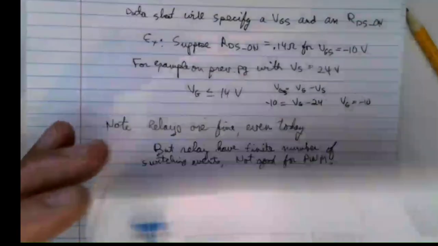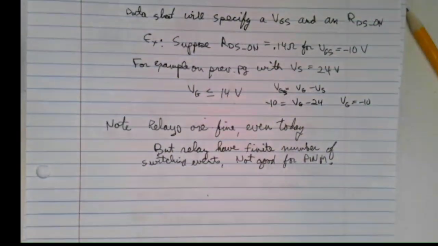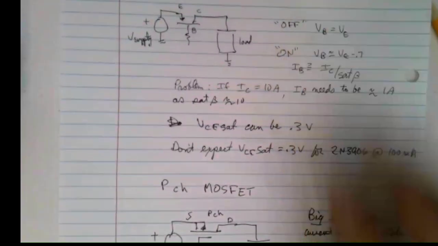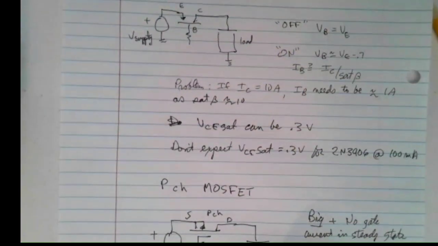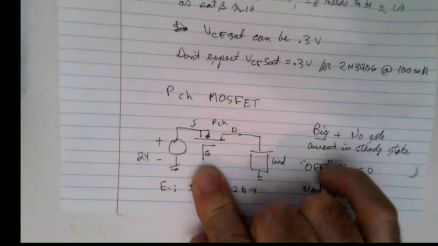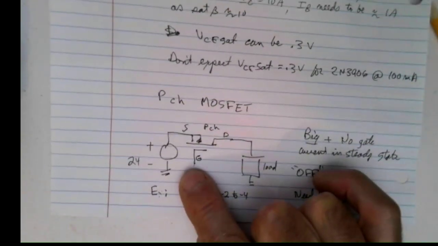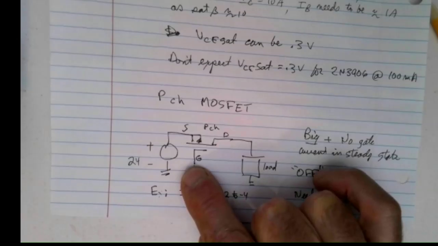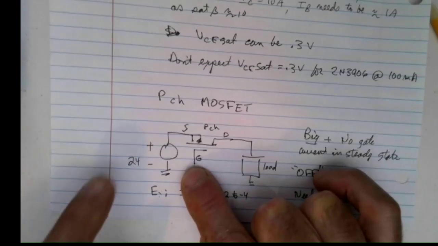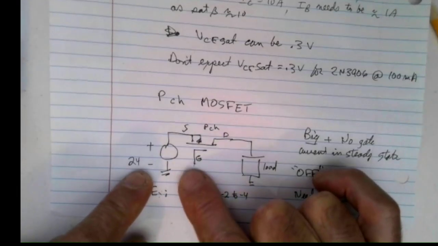Your part's lifetime may be in seconds if you do. So for this part, you have to pull the gate down to 14 volts to guarantee RDS(on), but you can't pull it all the way down to ground, because if you do, you'll have 24 volts across the gate-source junction.